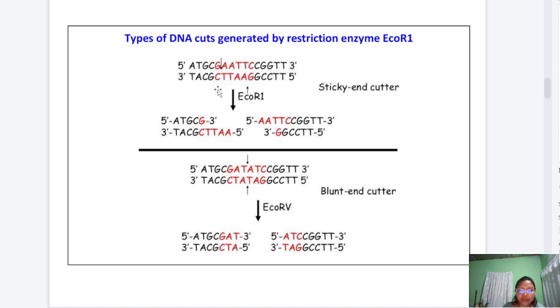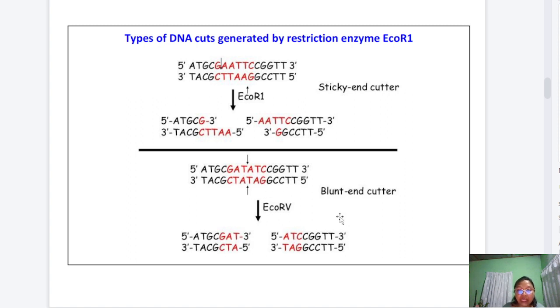If you look at EcoRI, the recognition site of EcoRI is GAATTC, but it is going to cut between G and A. Similarly, on the reverse strand, GAATTC, it is going to cut between G and A, from the 5 prime to 3 prime strand. After the cut has taken place, you will see the sticky ends that are being produced by the EcoRI enzyme or such similar enzymes that produce sticky ends.